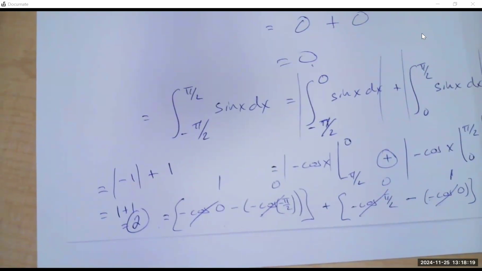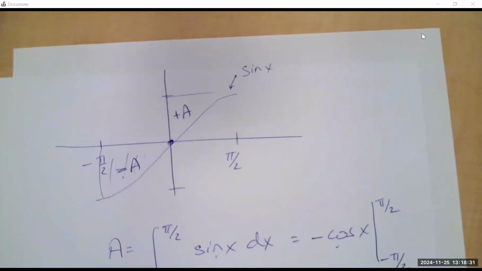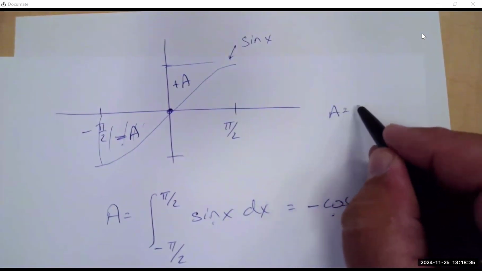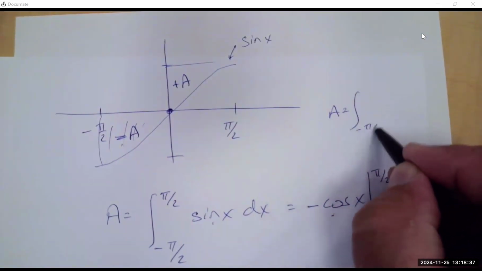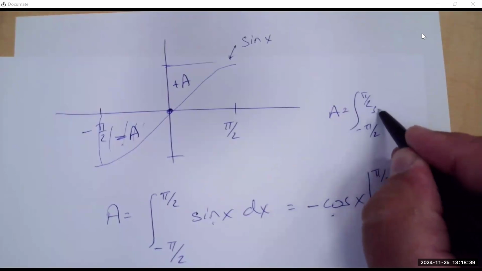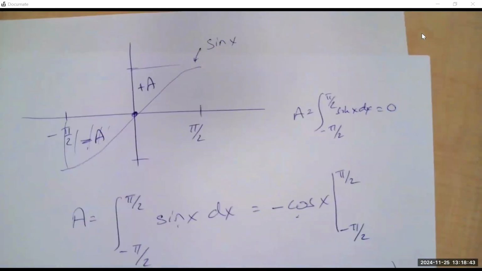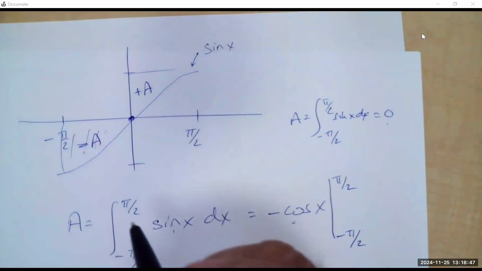If you ever take the integral and it gives you 0, that tells you that there are equal areas on top and below the x-axis. What you have to do first, if I give you a function and the integral from negative pi over 2 to pi over 2 of sine x equals 0, if it ever equals 0, then you know you have an intercepting point.